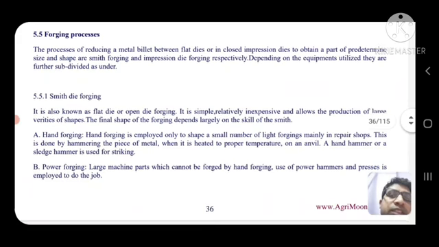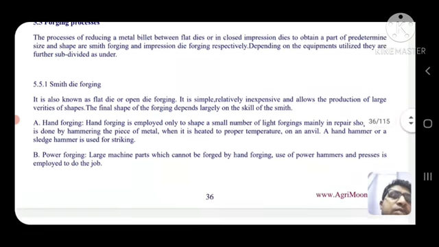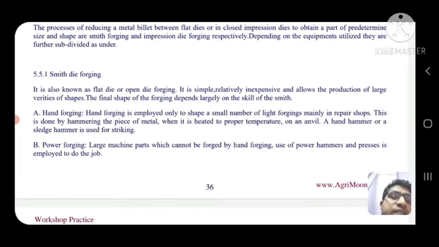Forging processes. The processes of reducing a metal billet between flat dies or in closed impression dies to obtain a part of predetermined size and shape are smith forging and impression die forging respectively. Depending on the equipment utilized, they are further subdivided as under.